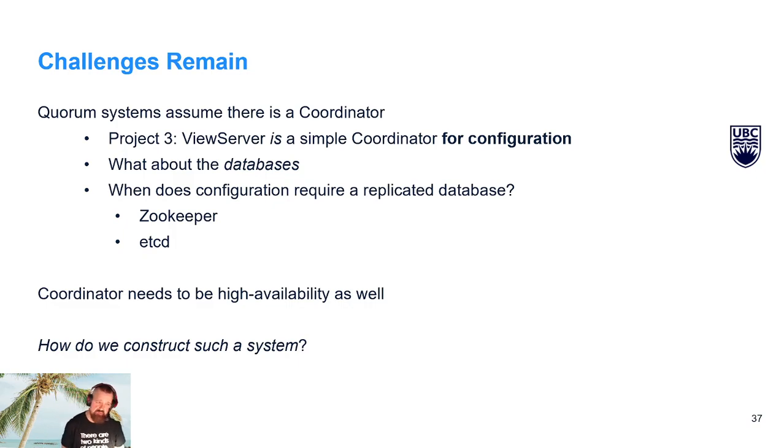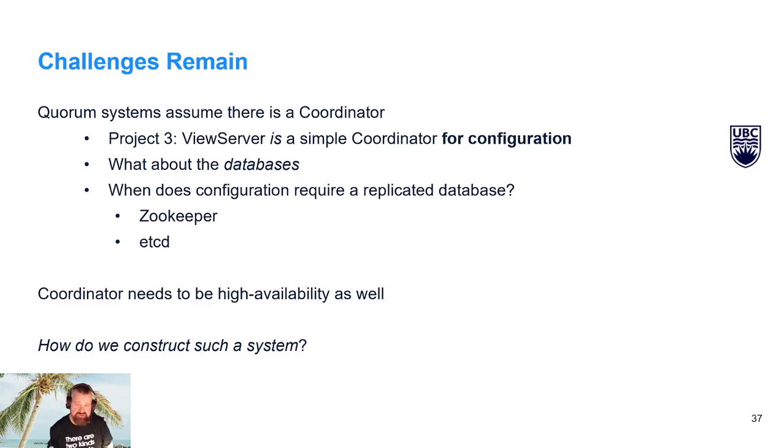In the primary backup model here, we always read from the primary. The backup is really just there in case of failover. So if we have our view server, what it's doing, it's not arbitrating the consistency of the database. It is actually providing the consistency of defining who is the primary.